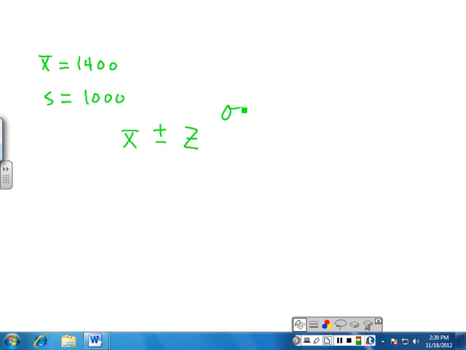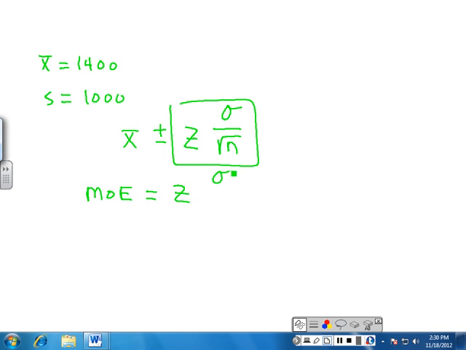The standard deviation divided by the square root of n. This is the margin of error. And so we want a margin of error of 100. We want 95% confidence. That's 1.96.